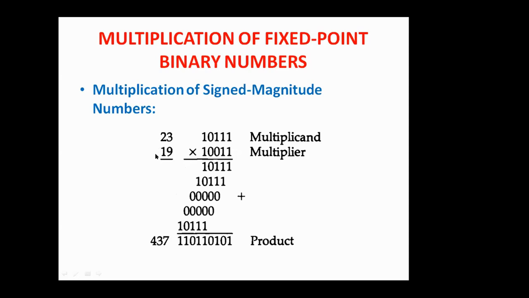Again, if both are negative, then the sign bit will be 1 here and also 1 here. So 1 and 1 exclusive OR comes out to be 0, so the answer will be positive. If this is negative and this is positive, exclusive OR will be 1, that means the answer is negative. Or if this is positive and this is negative, again the exclusive OR will be 1, so logically speaking, the answer should be negative.